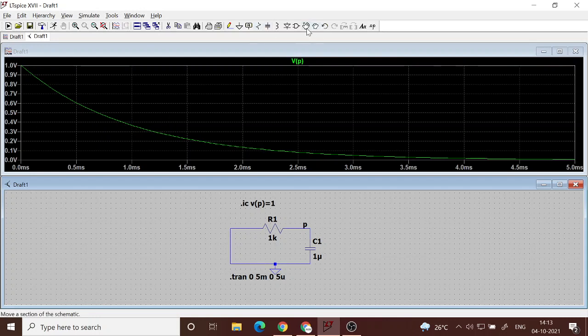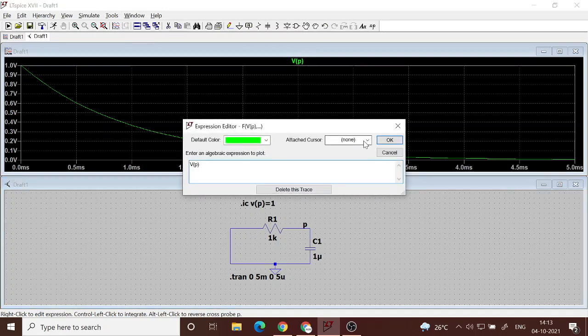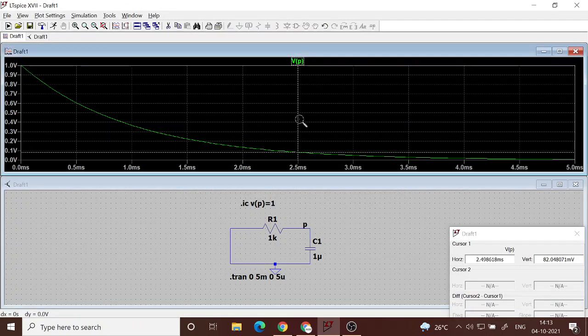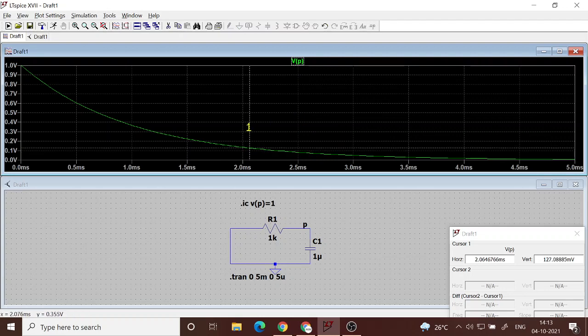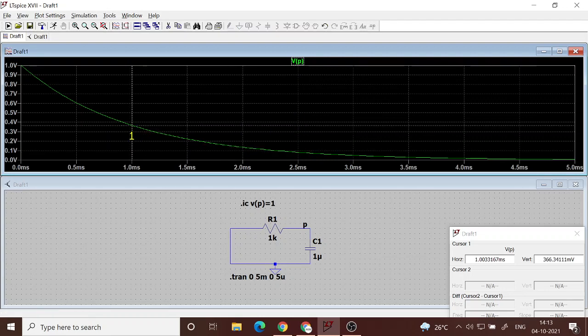You can take a cursor, if you want to measure it, shift it to the 1 millisecond point, and then you can see that the vertical value is 366 millivolt, or 0.366 volt.